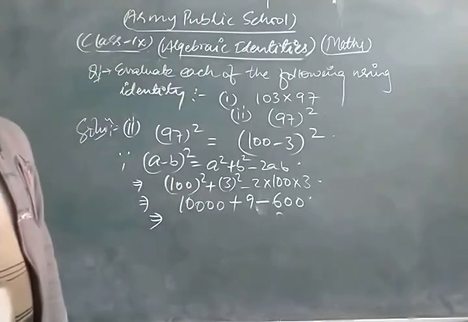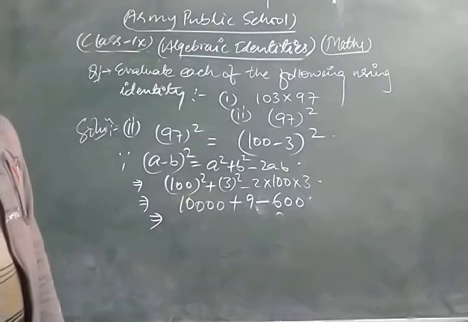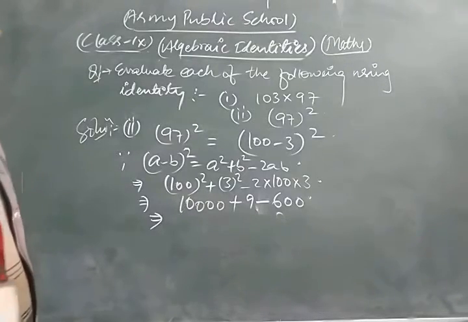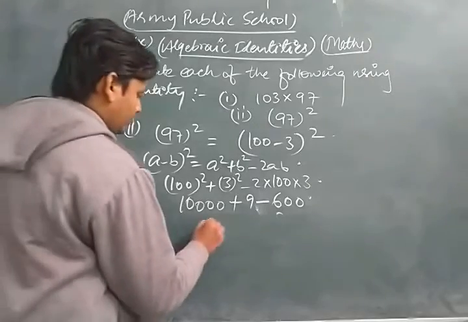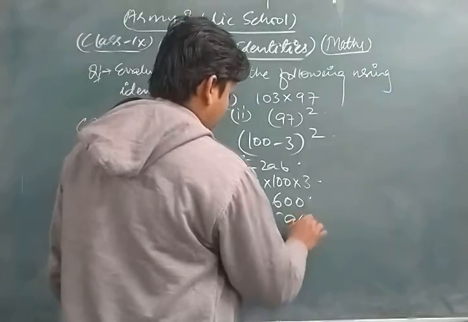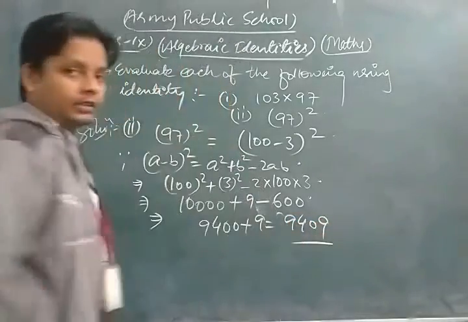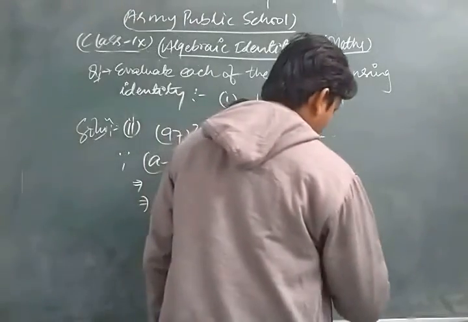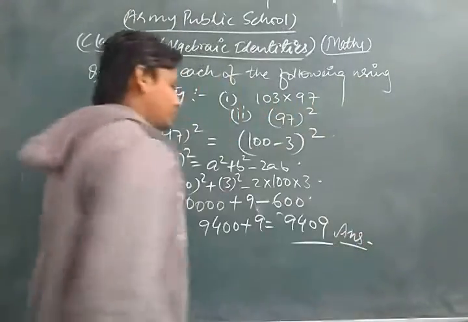So 10,000 minus 600 is equal to 9,400. 9,400 plus 9 is 9,409. This is the required solution of the given question.